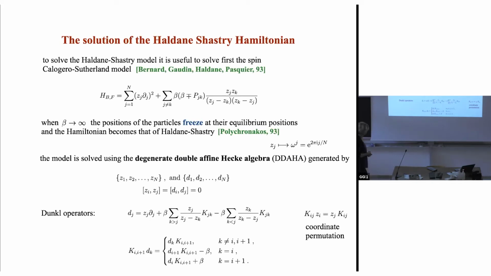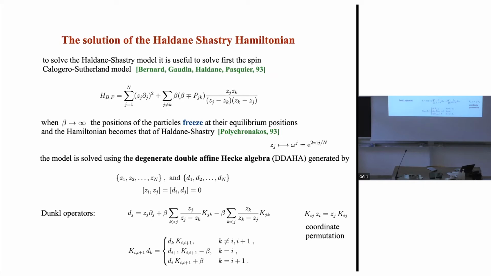Now I will talk about the way to find the algebraic structure and the eigenfunctions of Haldane-Shastry. The most elegant way to solve this model was proposed by Bernard, Gaudin, Haldane, and Pasquier. It goes through studying a dynamical generalization of Haldane-Shastry, which is Calogero-Sutherland with spin.